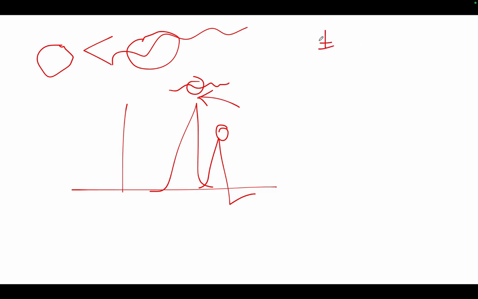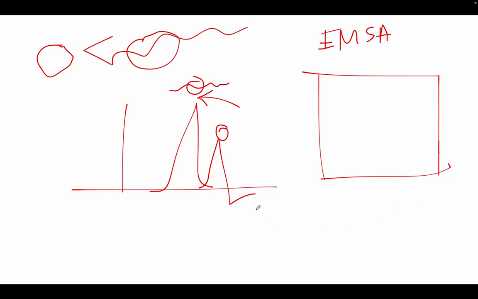So we also discussed how we can check for this interaction through something called electrophoretic mobility shift assay, right? Here we are looking at the shift in the protein profile. So here we are looking at the shift in the DNA profile.